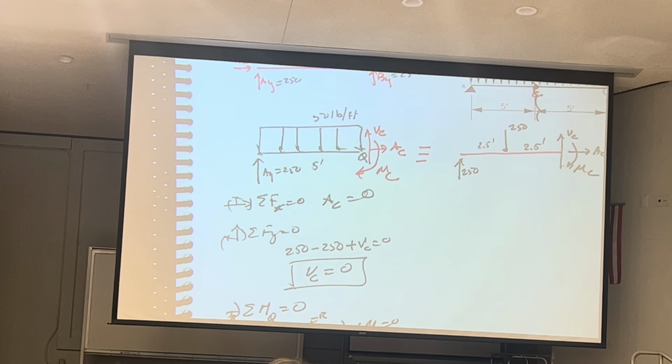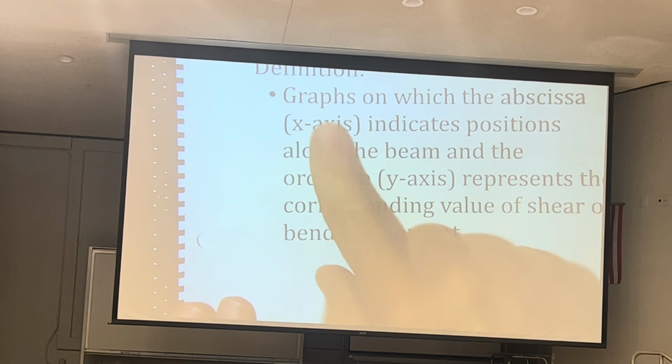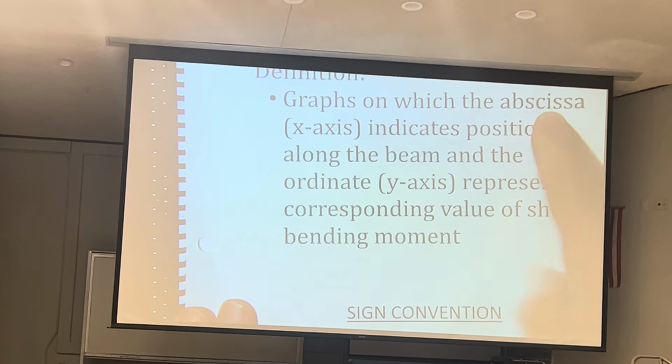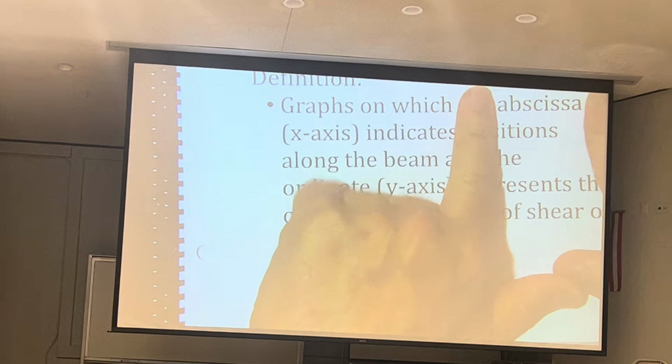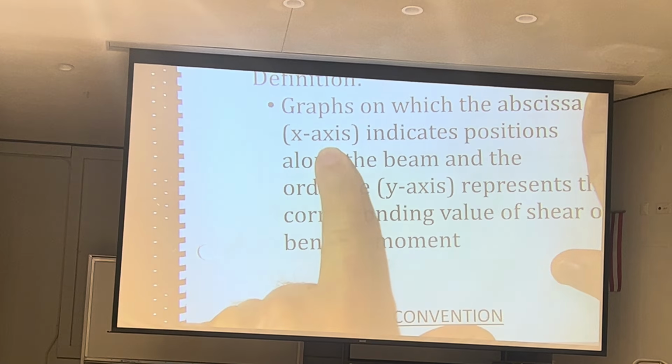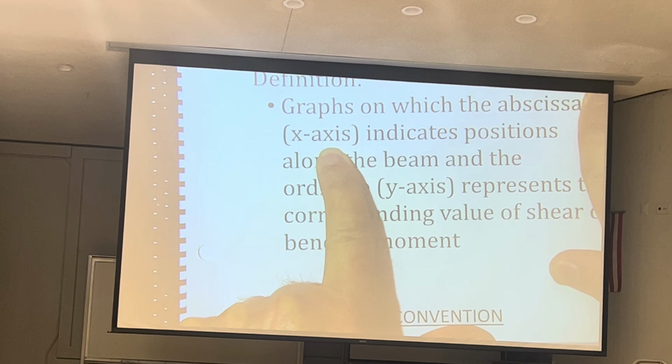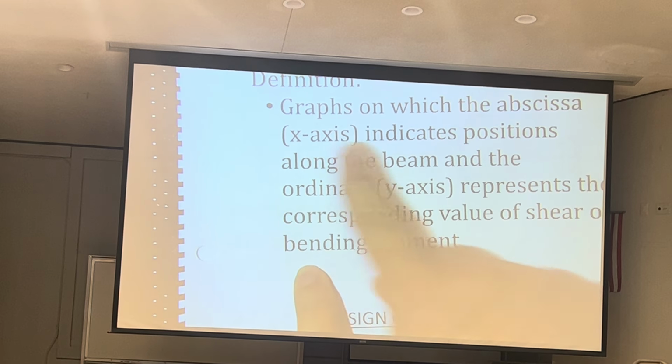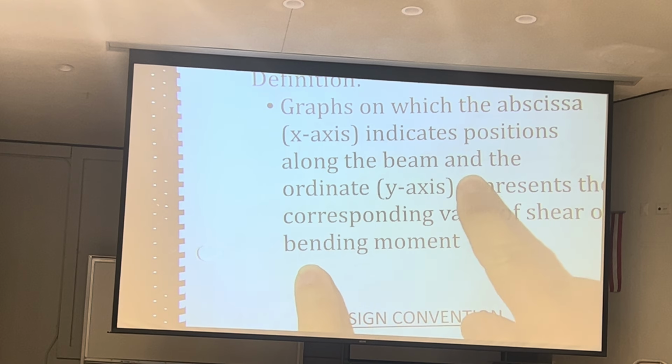Oh, by the way, to draw shear and bending moment diagrams, understand that the graphs have an abscissa. That's the fancy way of saying x-axis. Back in the 50s and 60s, nobody said x-axis. They said abscissa. So abscissa, or the x-axis, indicates the position along the beam.